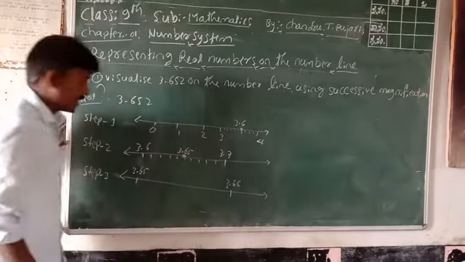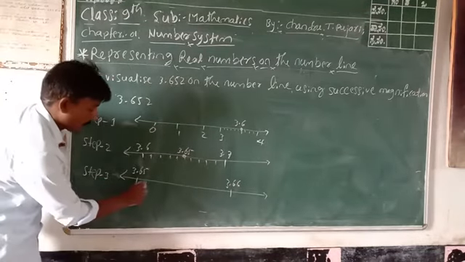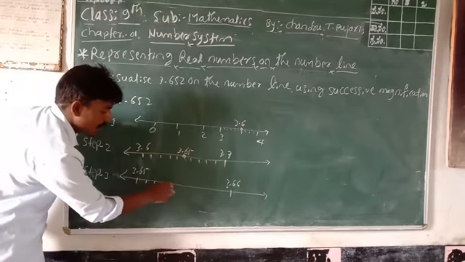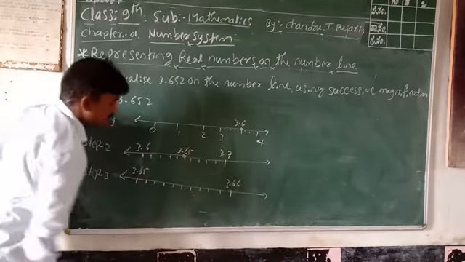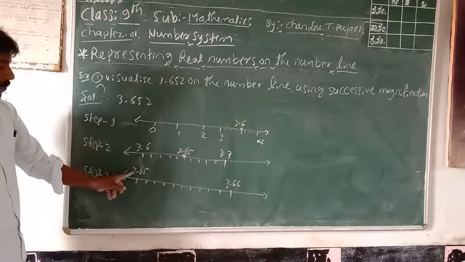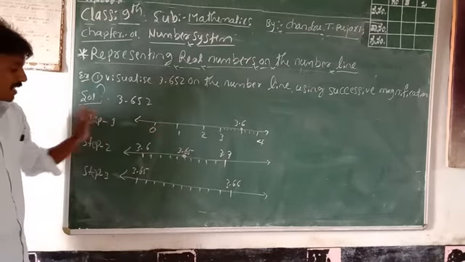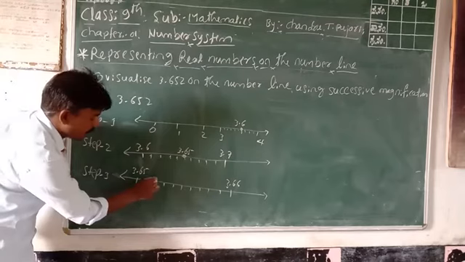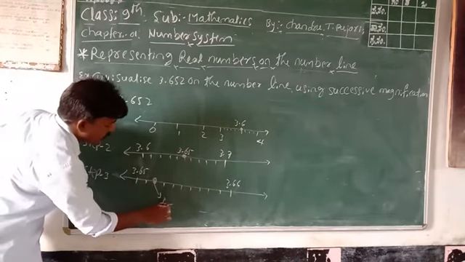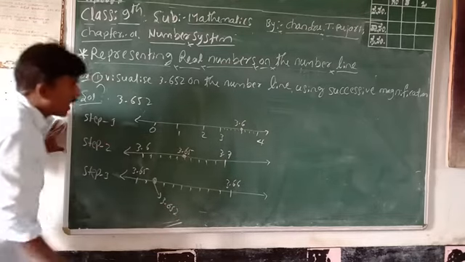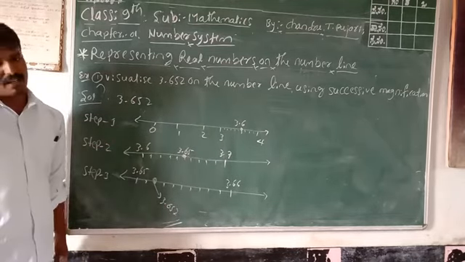In between these two numbers, divide into 1, 2, 3, 4, 5, 6, 7, 8, 9 and 10 parts. After 3.65, the remaining 2 is 1, 2. This number is 3.652. This is the number on the number line.